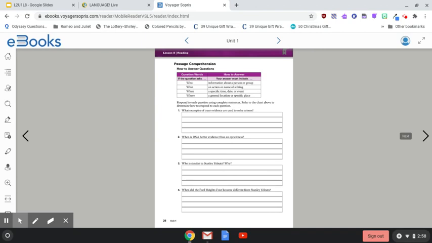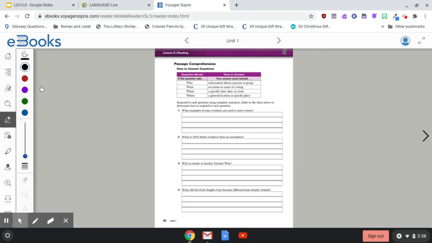Let's circle the question word what. Next, let's underline words in the question that we can use in our answer. So I'm going to underline trace evidence used to solve crimes.